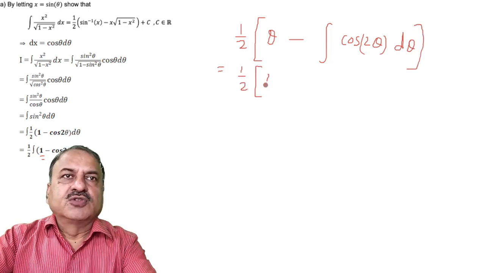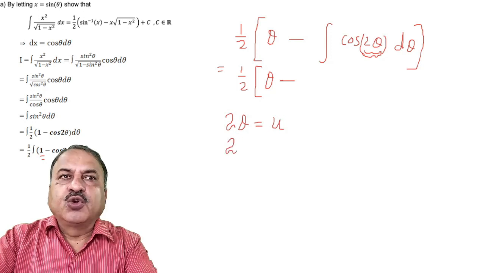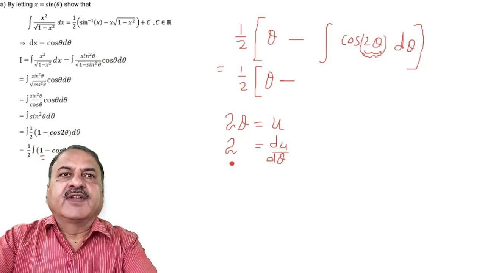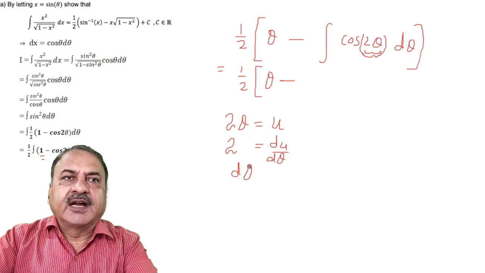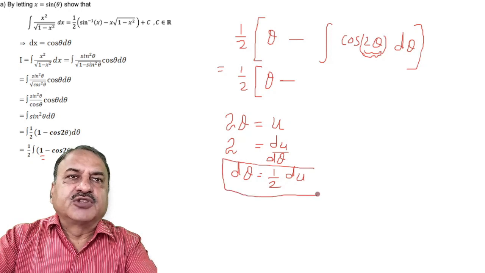We can use the substitution method here. Let us suppose 2 theta equal to u. It means 2 equal to du by d theta, or we can say d theta equal to 1 by 2 du. So we can use this substitution here.